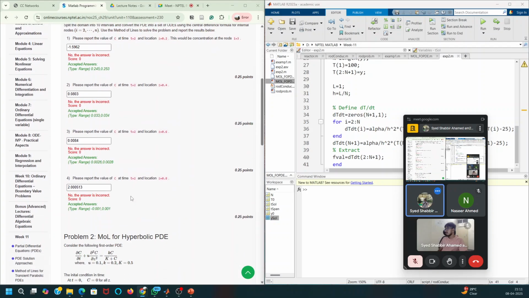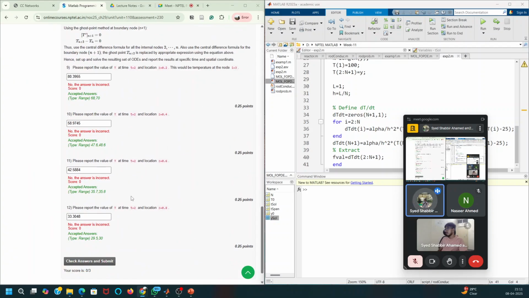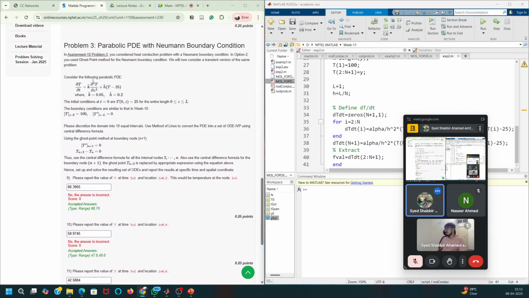Here we are just discretizing the spatial domain using the central difference scheme. We are approximating the second order derivative, and then we get n or n plus 1 ordinary differential equations, depending upon the problem.